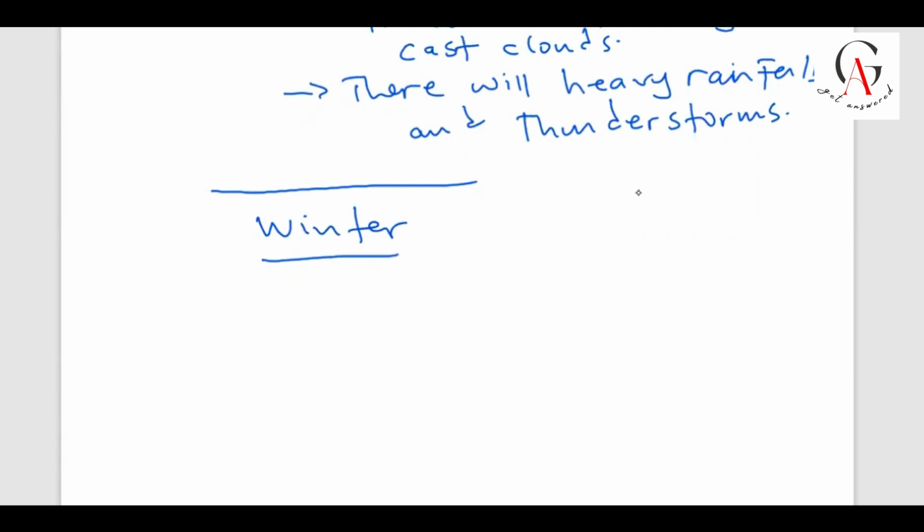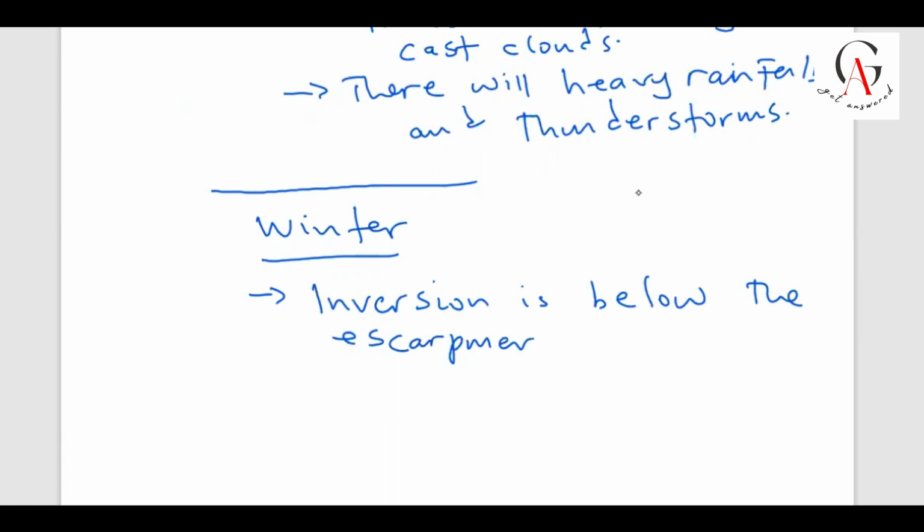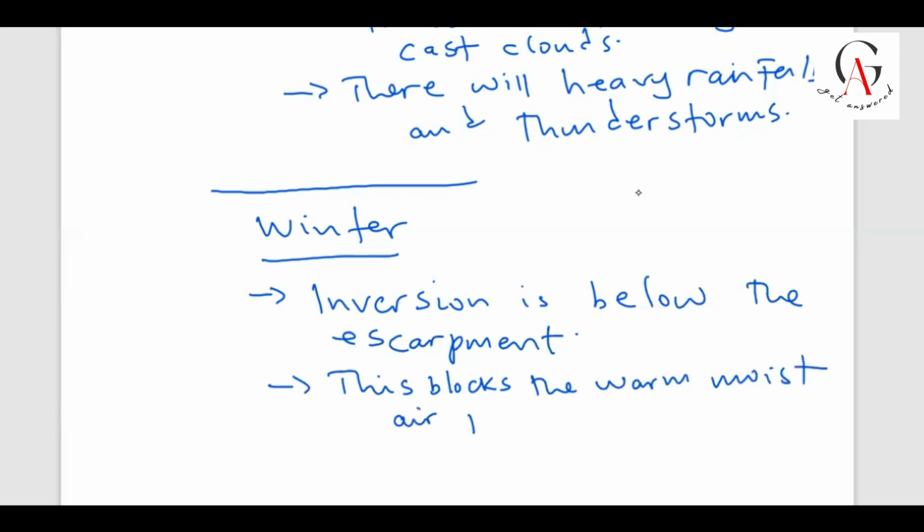In winter, the inversion layer is below the escarpment. This blocks the warm, moist air from reaching the interior.